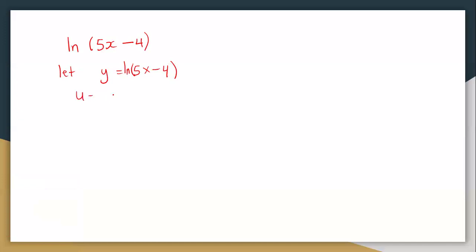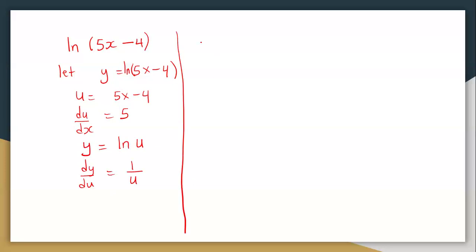Then you select your u equals 5x minus 4. That is our function, so your du/dx will equal 5. Then our y is equal to ln of u, so your dy/du here is equal to 1 out of u. Whenever you find ln u, ln x, always just say 1 out of that same thing.